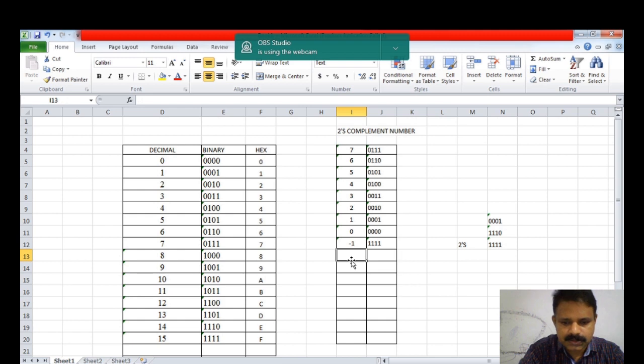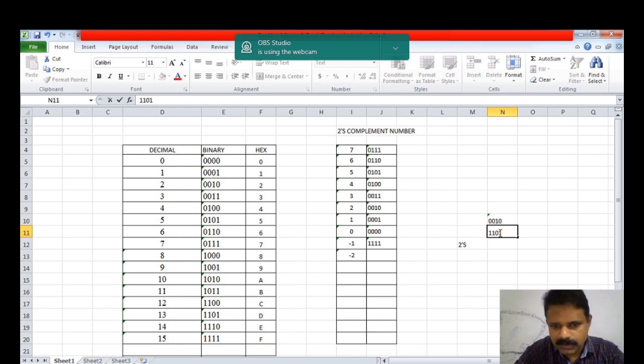What is minus 2? The representation of positive 2 is 0010. Its one's complement is 1101. Its two's complement will be 1110.